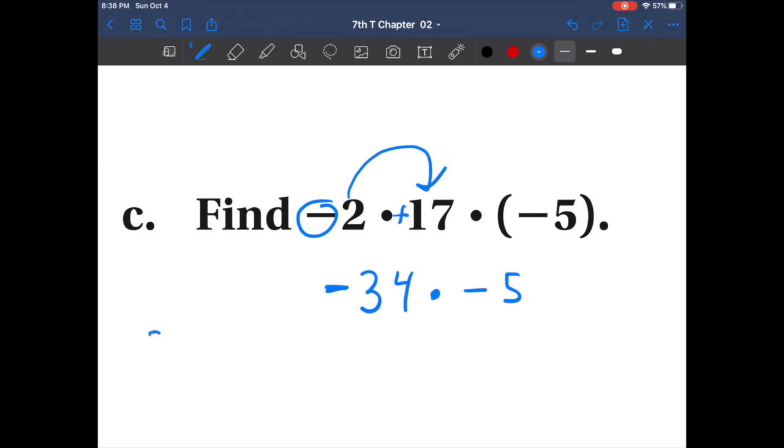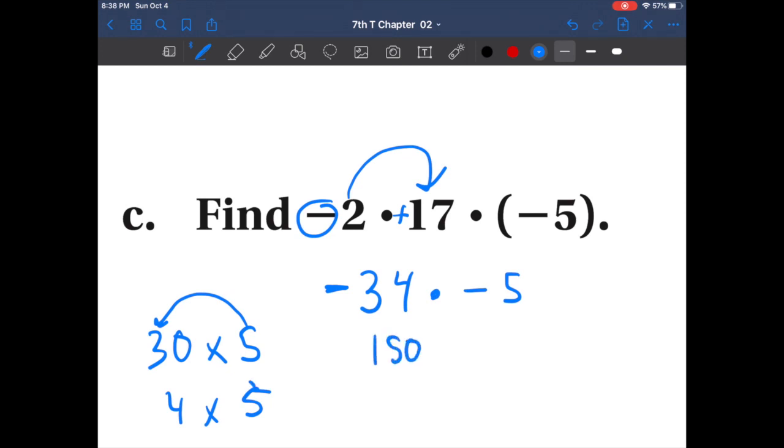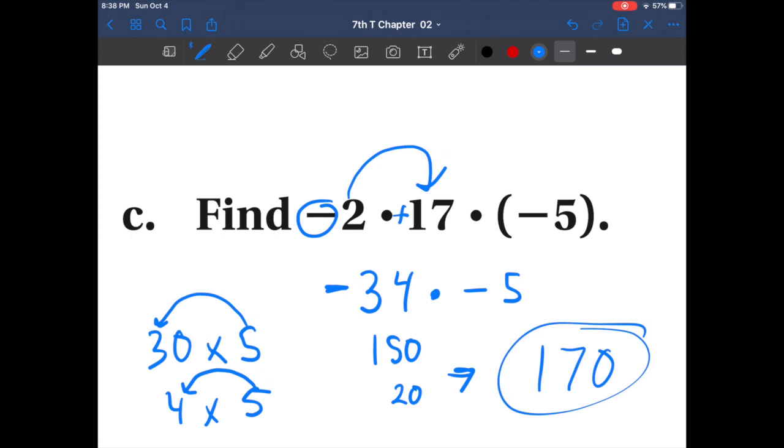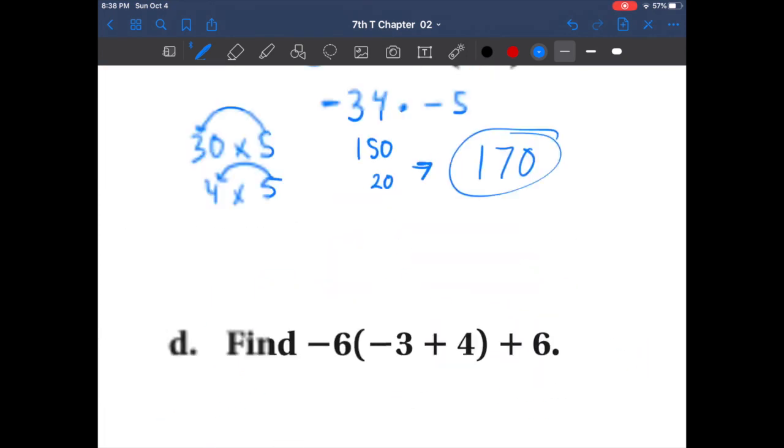So now let's just multiply this. I'm going to break this up in my head. We have 30 times 5, and then 4 times 5. Well, 5 times 3 is 15. Add the 0, so we have 150. 5 times 4 is 20. So our answer for this problem is 170. Okay?